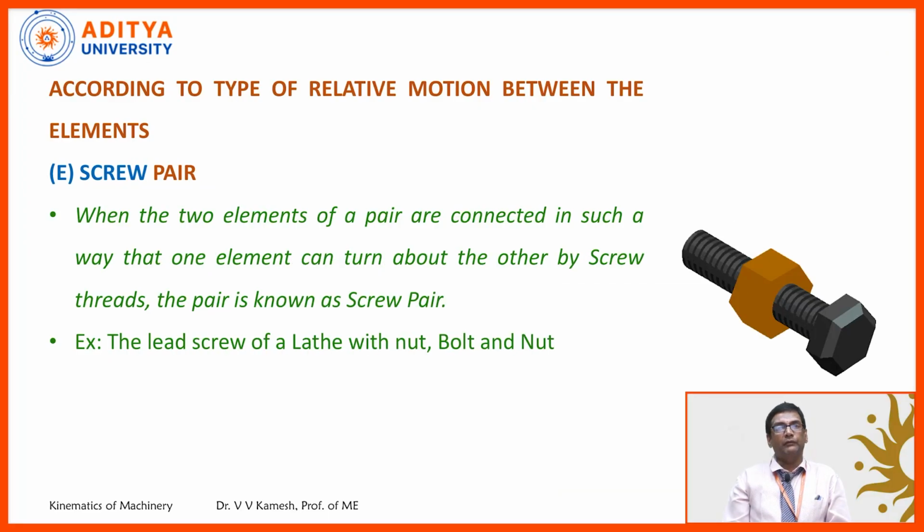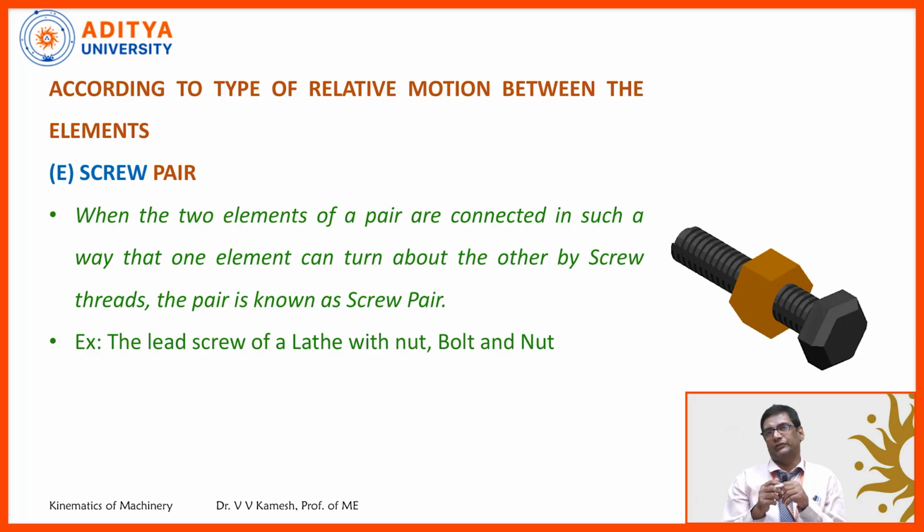The best example everybody knows is the bolt and nut arrangement, the lead screw of a lathe with the nut, or in our daily life we are seeing the integral parts of a pen, right. If you are having a pen with some screwing and unscrewing, with unscrewing you open it and change the refill and again you fasten it. How is it being done?